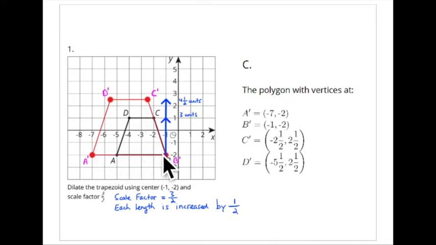But these points that are on a diagonal or a slant are a little bit harder to deal with, a little bit harder to count out 3/2, or multiply even by 3/2. So you can use the vertical length and the horizontal length to get to each point.